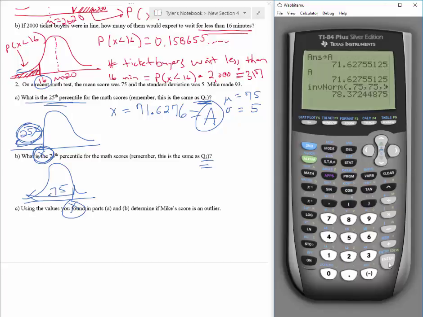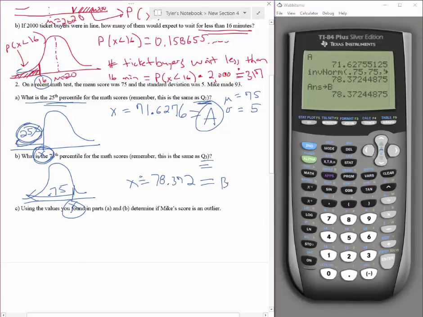So I get that value, the x value is about 78.372, right? But again, I'm going to store this as B. So I hit store, alpha B, and now my answer is stored as B in my calculator.